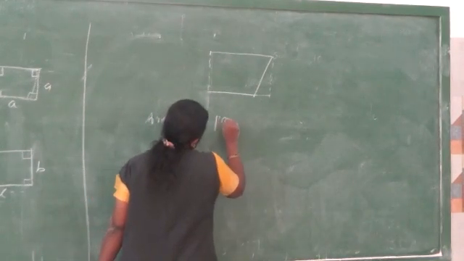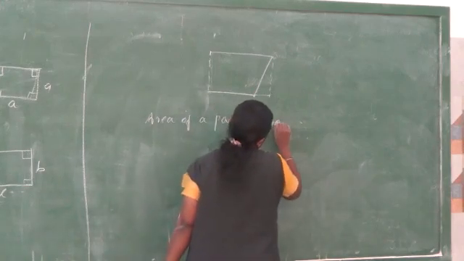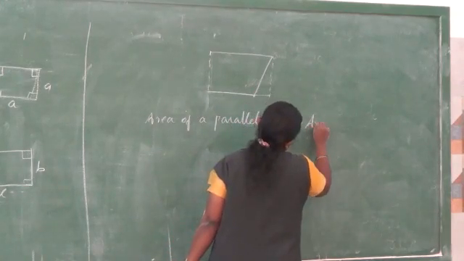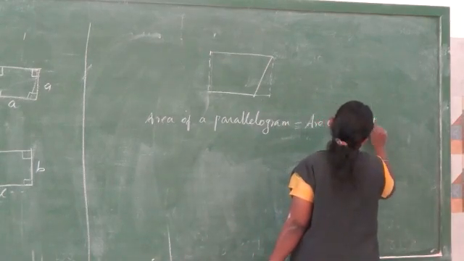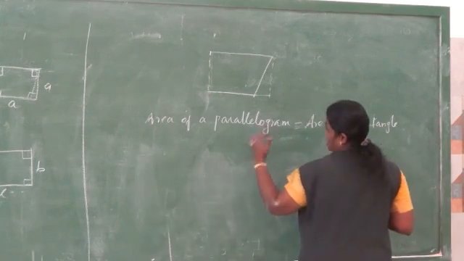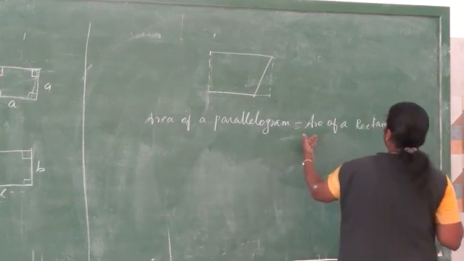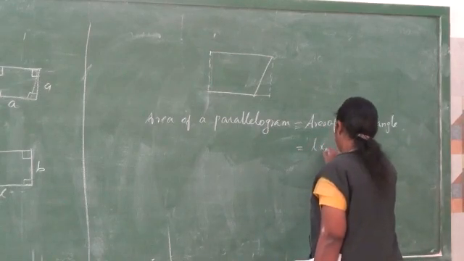So from that figure we can obtain area of a parallelogram equal to area of a rectangle. You know very well what is area of a rectangle?